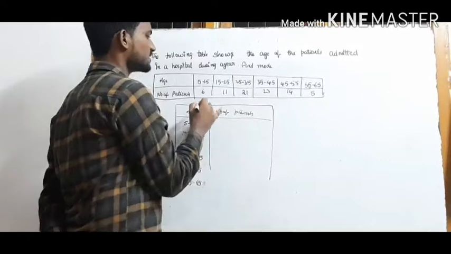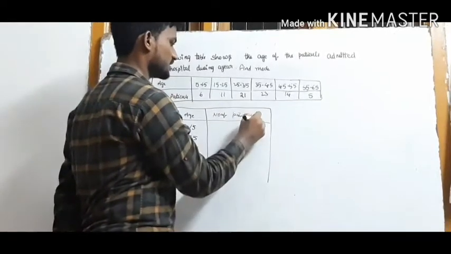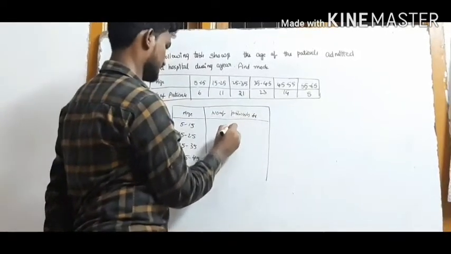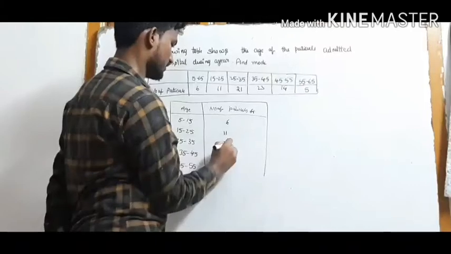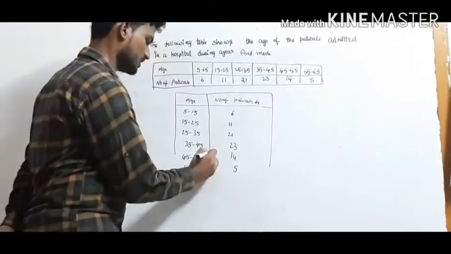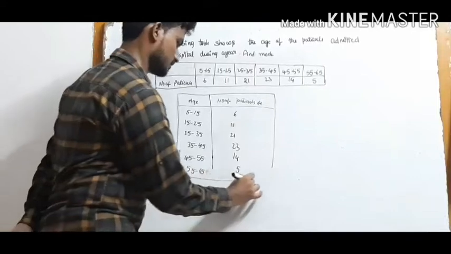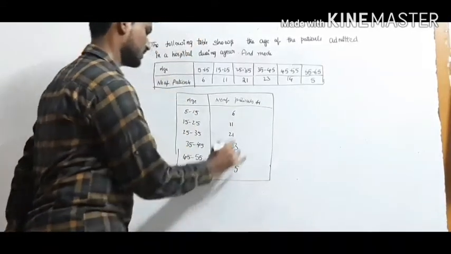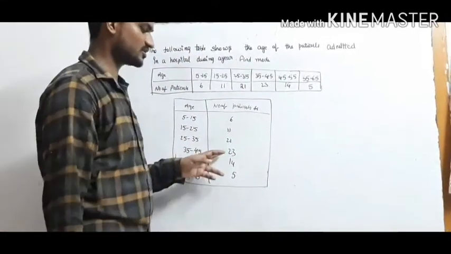The frequencies, fi, are 6, 11, 21, 23, 14, 5. From these frequencies, the largest one is 23.